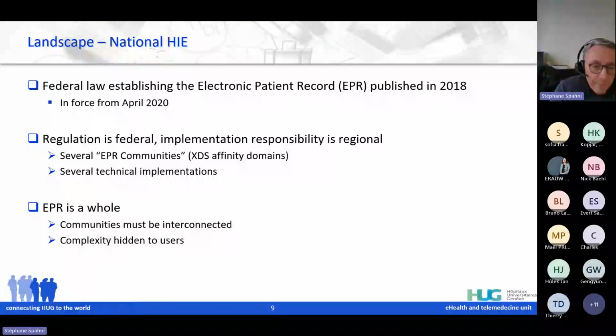A patient in Geneva going for care in Zurich does not have to know that it's not the same community, that the professional is not on the same platform as him. It's a whole, and it has to be transparent for the users, both the patients and the healthcare professionals.